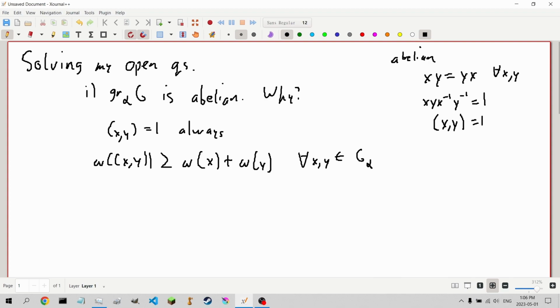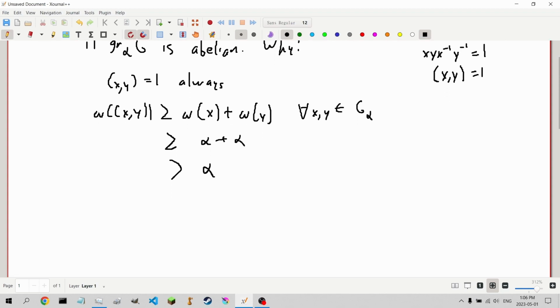this is going to be at least alpha plus alpha, which is, as you may know, greater than alpha, since alpha has to be greater than 0, which means for all x, y in G alpha, [x, y] must be in G alpha positive, and therefore the image of the commutator in GR alpha G is equal to 1.